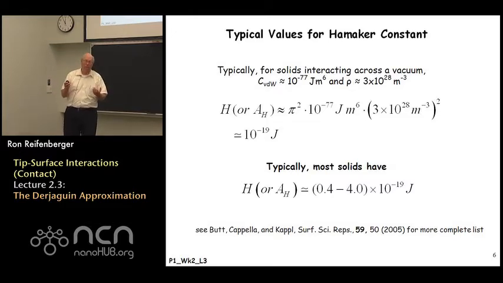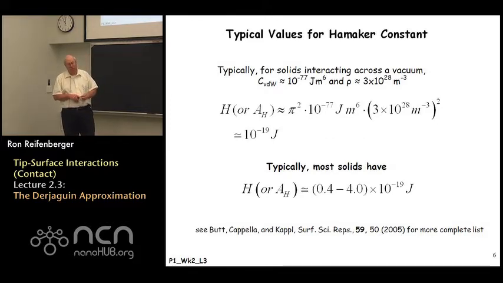Typical number density for atoms in solids is on the order of 3 times 10 to the 28th per cubic meter. That's the number of atoms per cubic meter that typically is appropriate for solids that you come into contact with. And what you find is that the typical value for this Hamaker constant is on the order of 10 to the minus 19 joules.